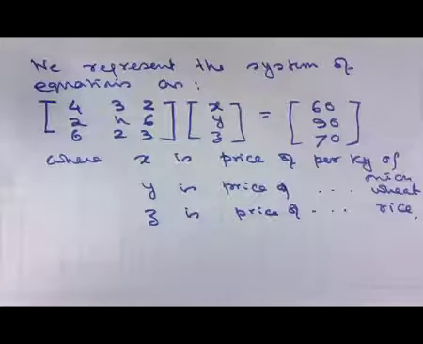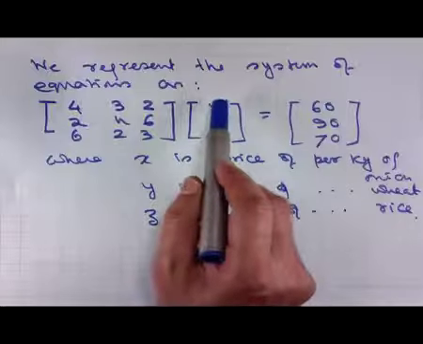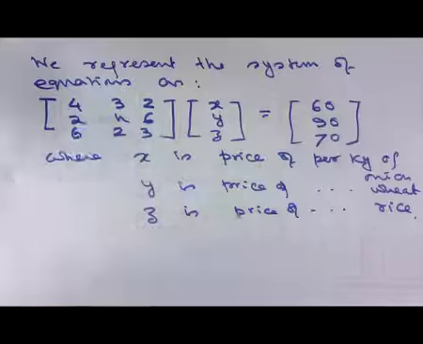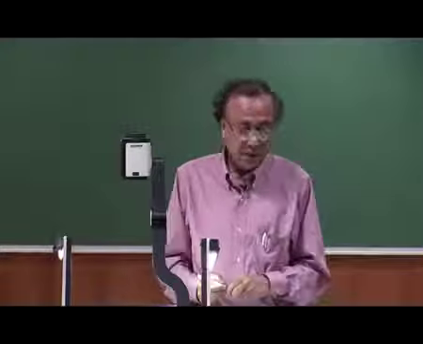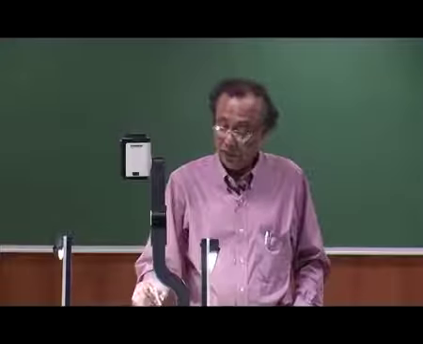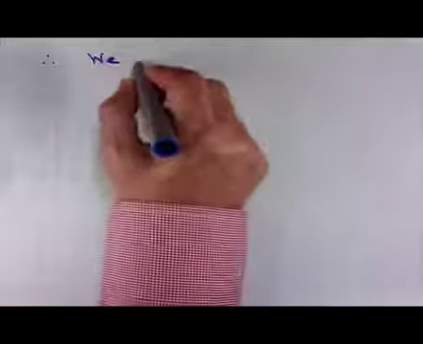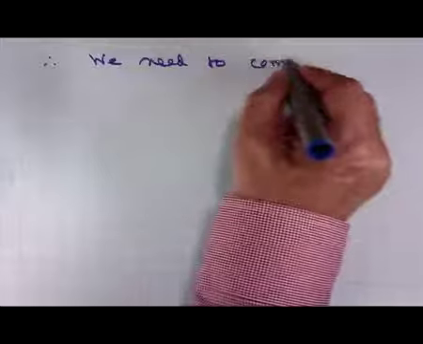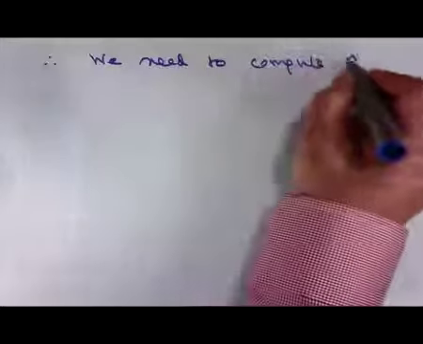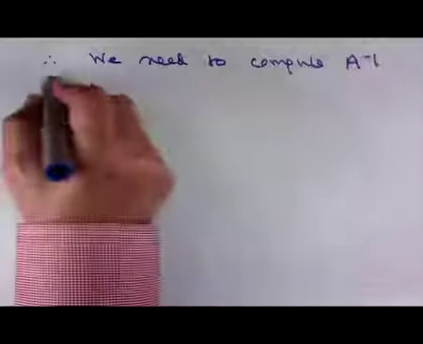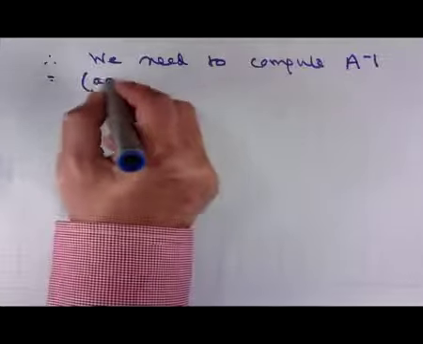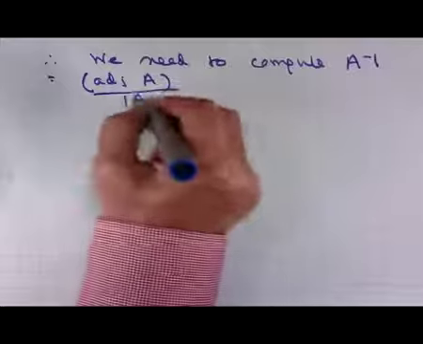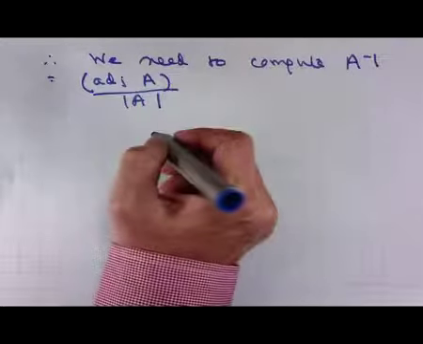We need to find the values of x, y, z such that all the three equations are satisfied. Therefore, we need to compute A inverse, which we already know is equal to adjoint of A divided by determinant of A.